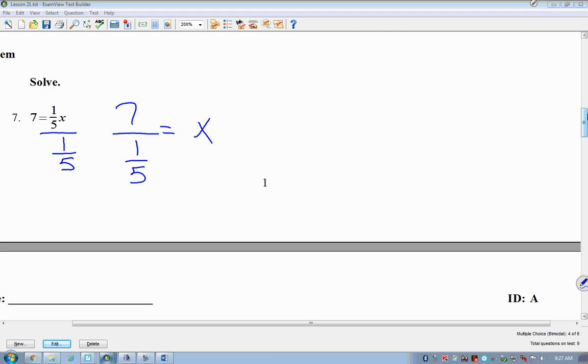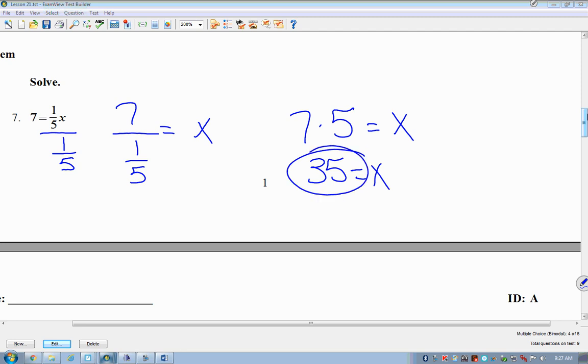I multiply by, so I should be taking 7 and multiplying it by 5. 7 times 5 equals x. What's 7 times 5? 35 equals x. So we should get 35 for an answer. Be careful with that. Always remember, I cannot divide by that fraction. I do have to multiply by the reciprocal. Questions there? None?